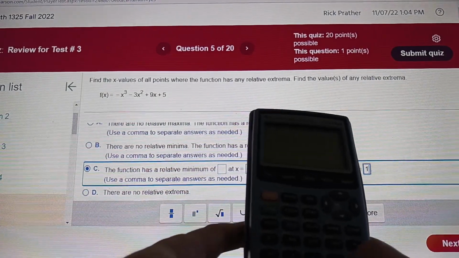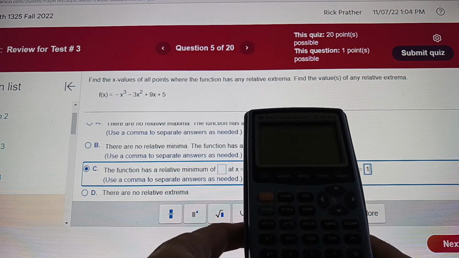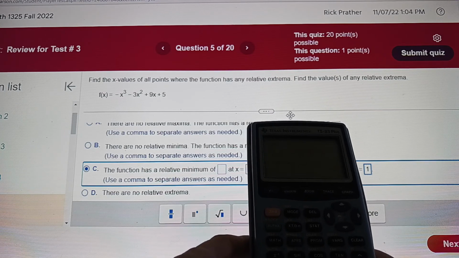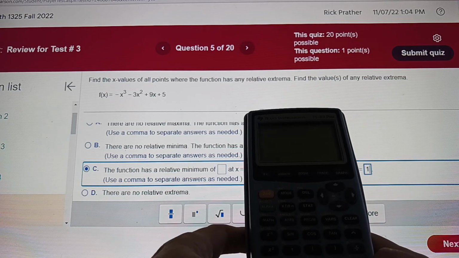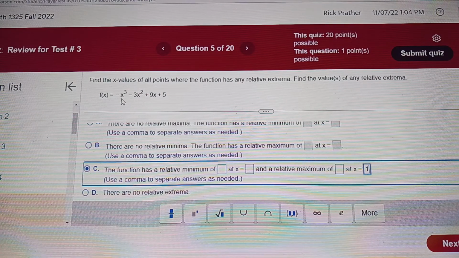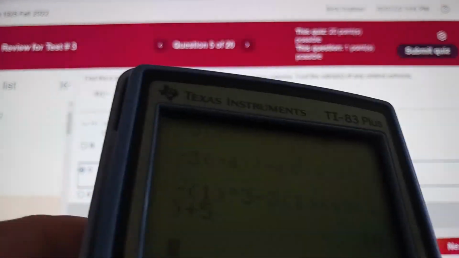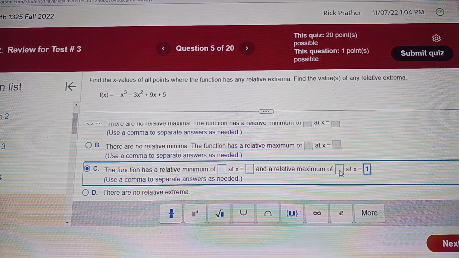So negative 1 raised to the third power minus 3 times 1 squared plus 9 times 1 plus 5. So I just plugged in 1s in these 3 x's right there. And this is the value of it. The value is 10. Has a relative maximum value of 10 at x equals 1.